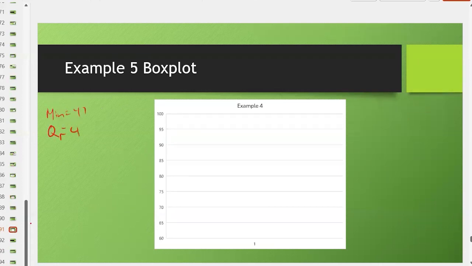Q1 was 45. The median is 51. Q3 was 59. Okay, and then the max was 100. The next value below that was 77. And so keep that in mind here, if we want to draw a box plot for this example, to account for that outlier that we found.